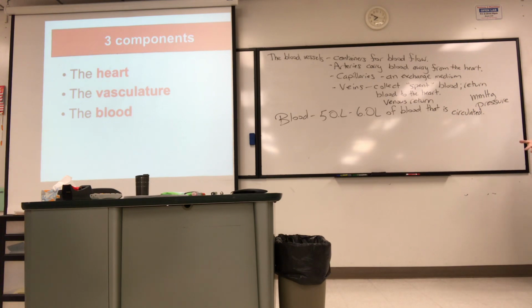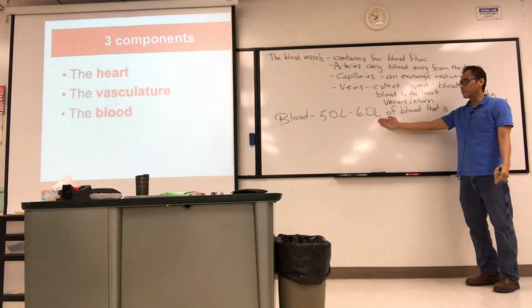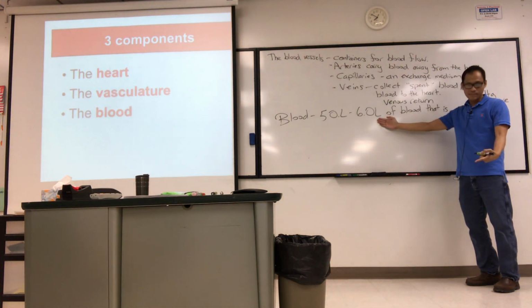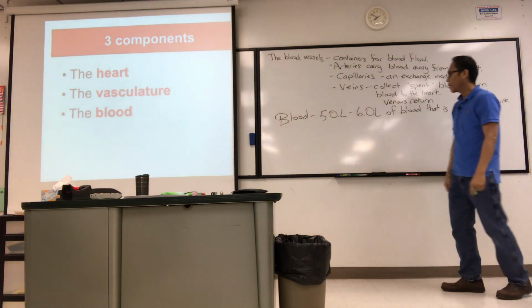Okay, so you need that pressure, but you need enough blood volume to keep the pressure up. That's why in the first test, you remember how I kept saying increase blood volume, increase blood pressure? I mean, this is why. You only have this much to keep pressure up. So the body is very well adapted to keep blood volume up so that the pressure will stay high enough.